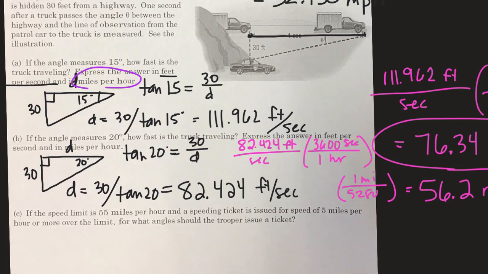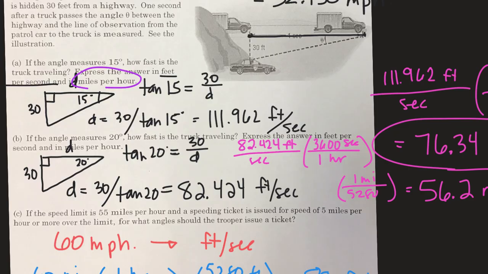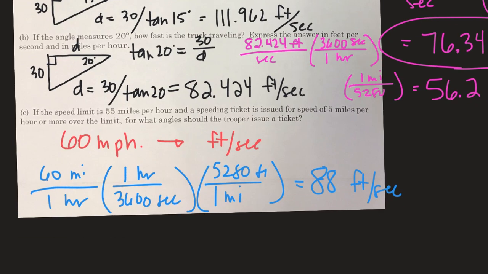Okay? So let's see, the last one is we have to be doing at least 60 miles per hour before we can get a ticket. So we're going to convert this into feet per second and then figure out what that angle has got to be. So 88 feet per second is what that converts to. Okay? So we know that we are speeding if we're doing more than 88 feet per second.